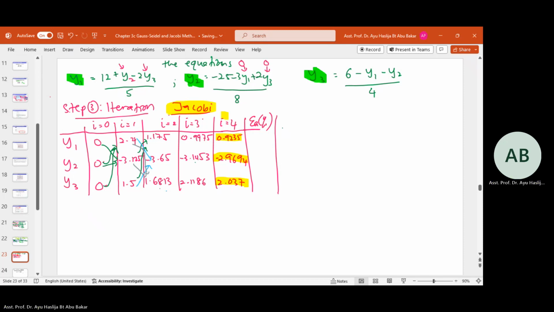Okay. Now what do you get for EA? Y1. EA over here between iteration 3 and iteration 4, because we use the most current values, which is iteration 4. Seven. All values here correct?